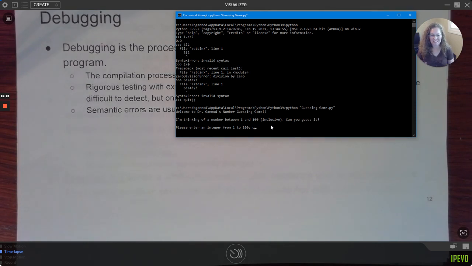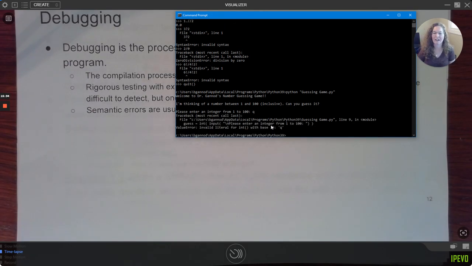So this is something unexpected. The user that's using your program isn't following directions, and it crashes. Notice it gives me this kind of crazy message. It tells me on line 9 there was a value error, an invalid literal for int with base 10: Q. You'll get used to these messages.